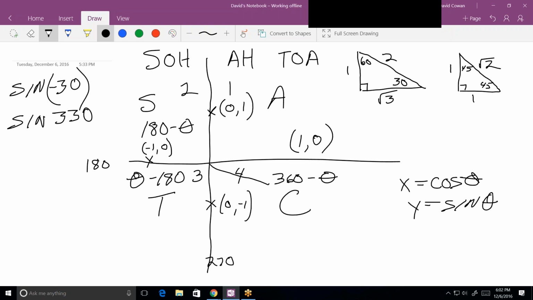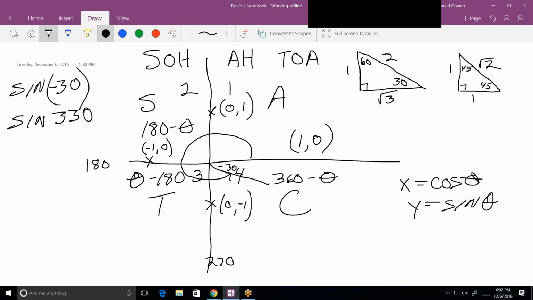Positive angles are measured counterclockwise, negative angles are measured clockwise. So there's the angle. Well, that's the same as this angle, right? So what's the big positive angle? 330. You see why it's 330?